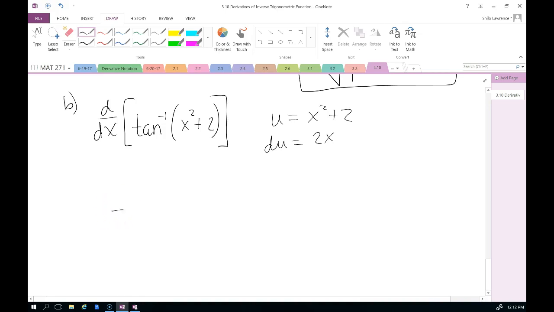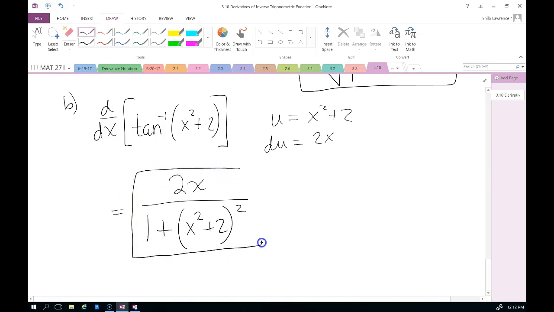Tan inverse is positive, and in the top we have u prime, and in the bottom we have 1 plus u squared. You could FOIL it out if you want, but it's really not necessary. It doesn't really matter.